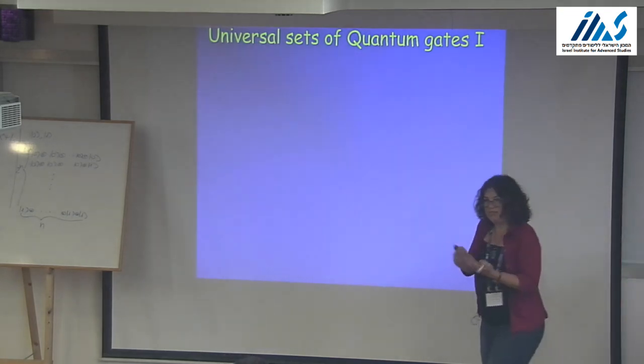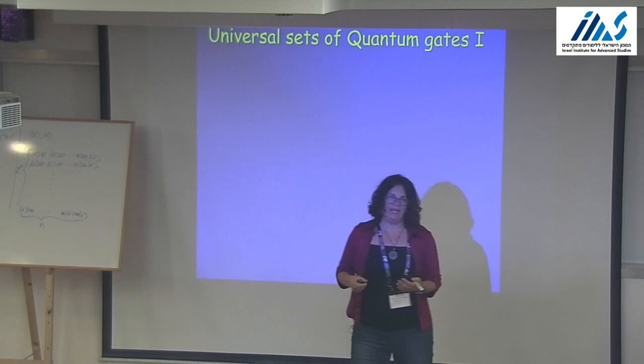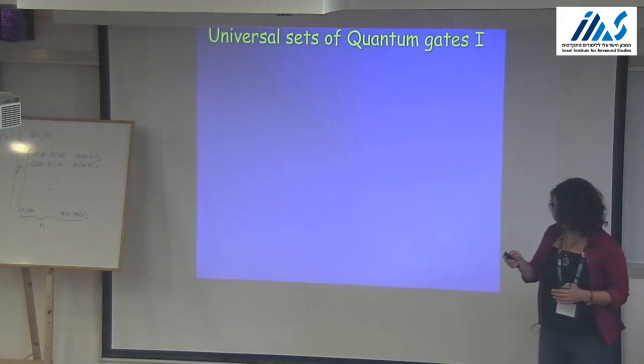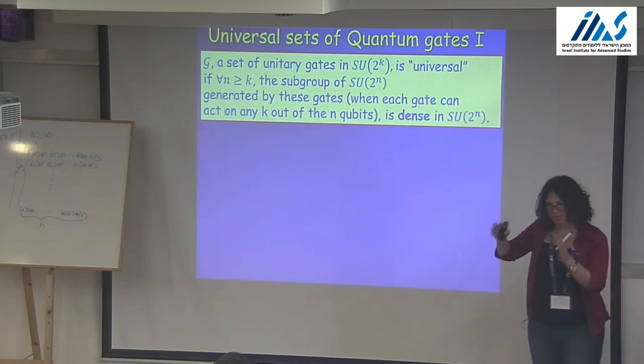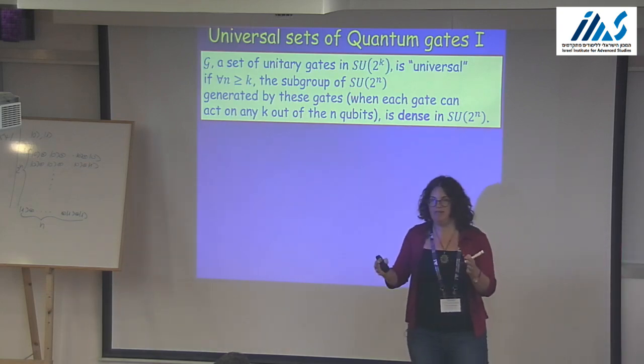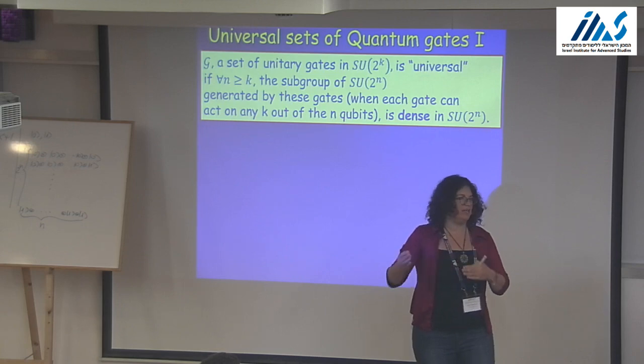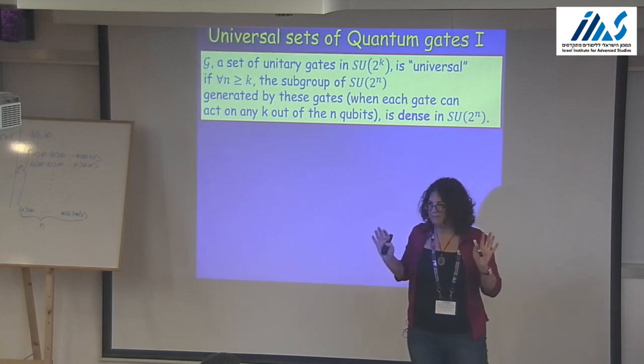So the question is, what constitutes a quantum computer? And this is given by the definition of universal sets of gates. Basically, without reading the full definition, I want a set of gates that allows me to approximate any unitary on any number of qubits.